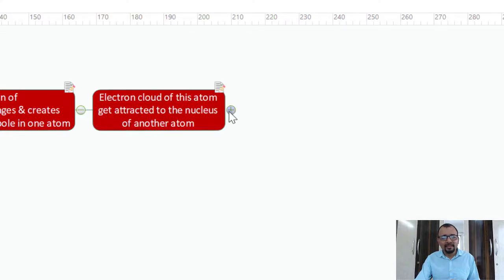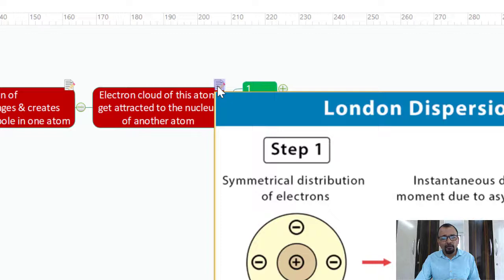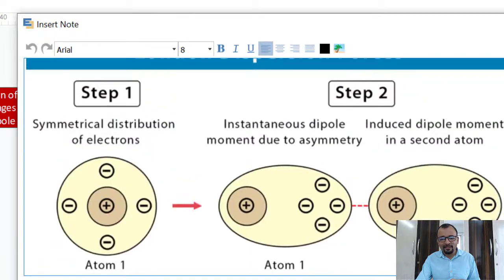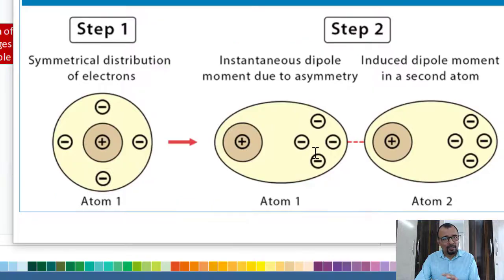So this is the diagram showing how you can understand the formation of the London dispersion forces. This is the first atom on which the displacement of the electron happened, and this electron cloud of atom 1 is now attracting the nucleus of atom 2, and that established the force of attraction which is called the London dispersion force.